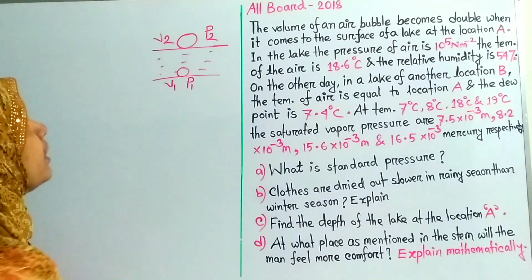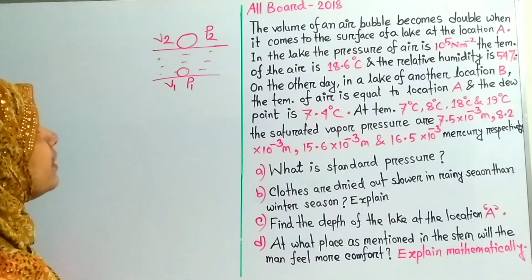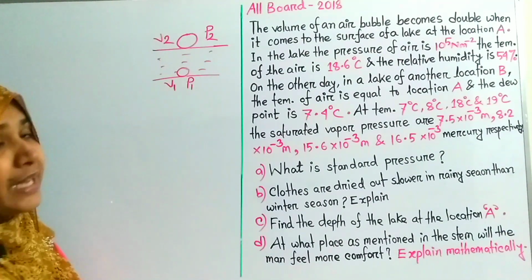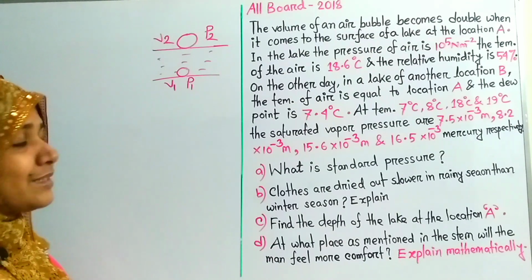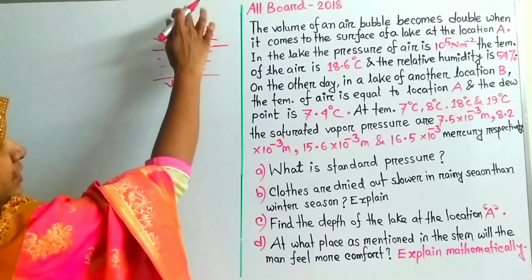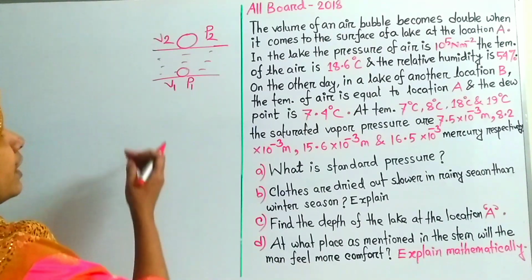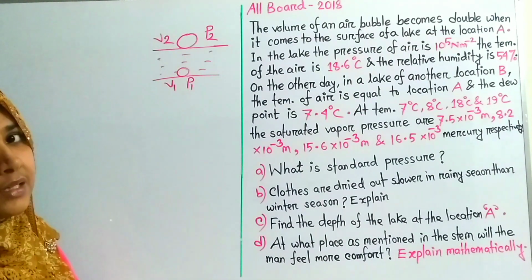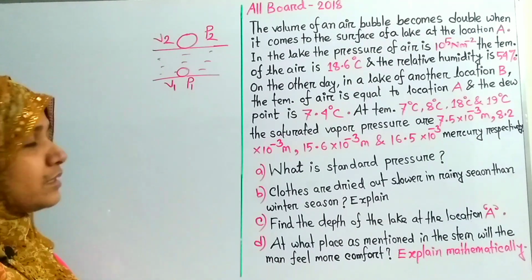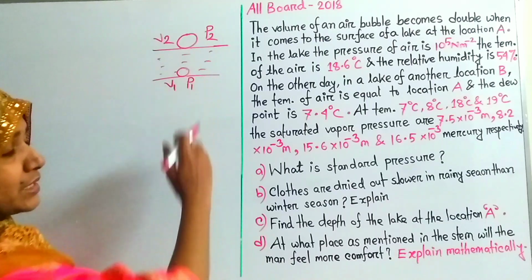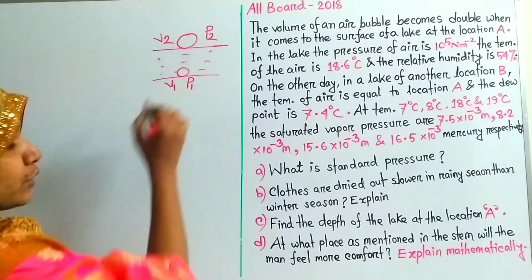Now you can see that when the air bubble is at the surface of the lake, only one pressure is exerted on it, and that is the air pressure. But when the bubble is at the bottom of the lake, two pressures are exerted on it: one is air pressure and the other is the pressure due to liquid.